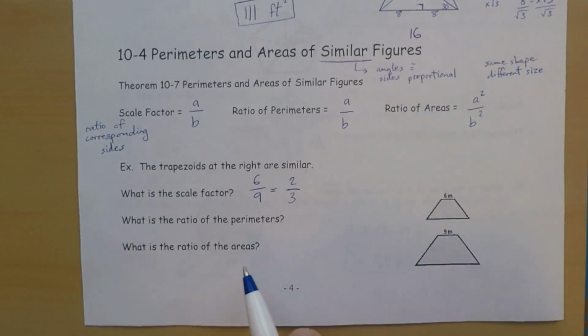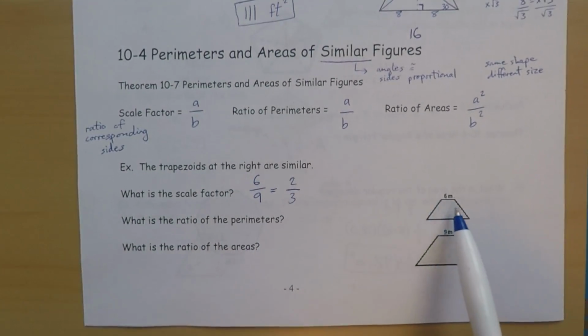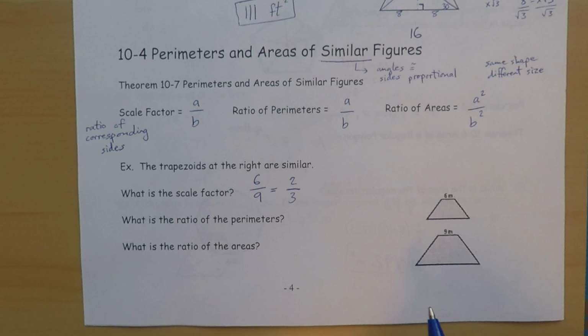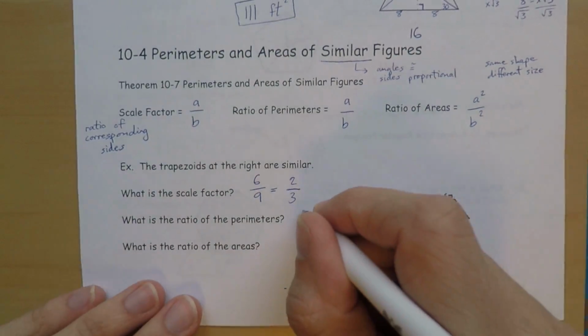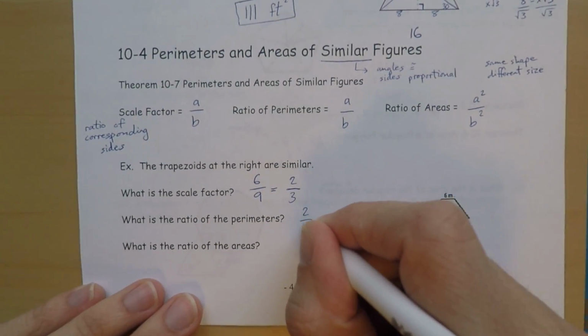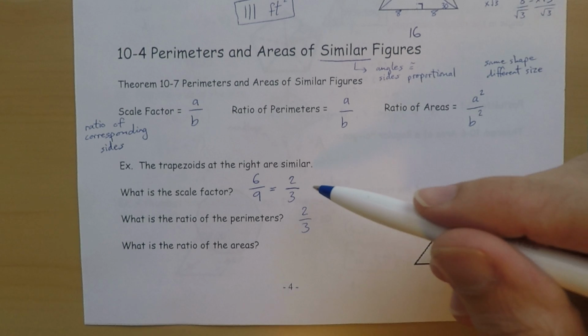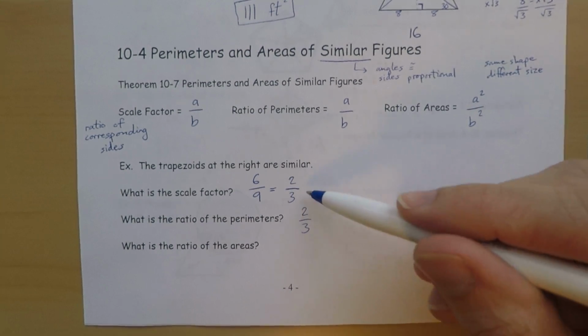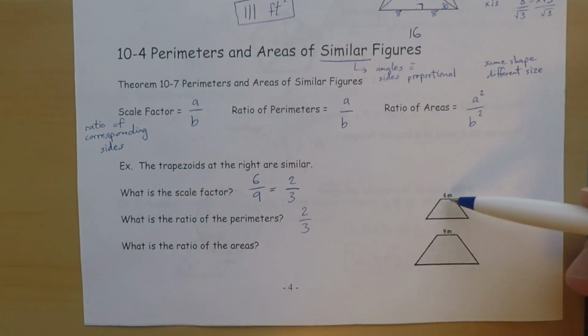The ratio of their perimeters, even without knowing what the rest of these sides are, since I know the trapezoids are similar, if I found the perimeter of the little guy and the perimeter of the big guy, would be 2 over 3. The same as my scale factor, the same as the ratio of the sides.